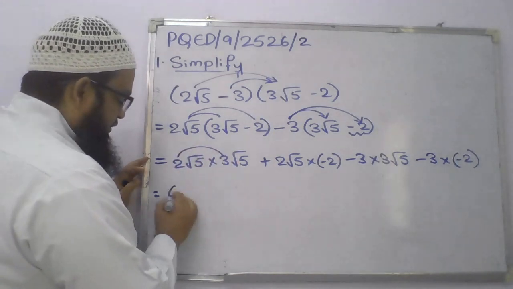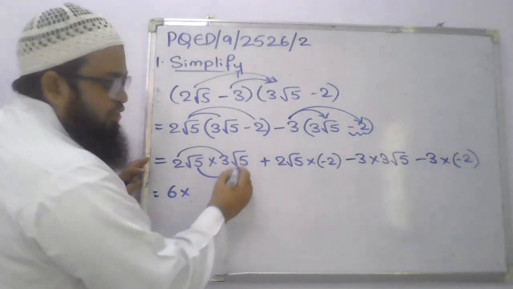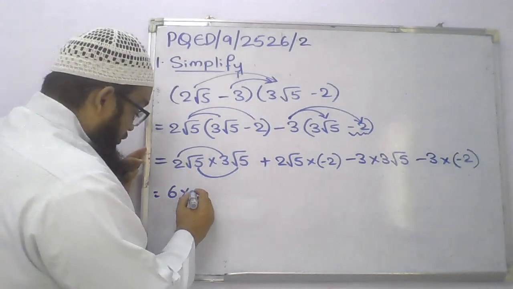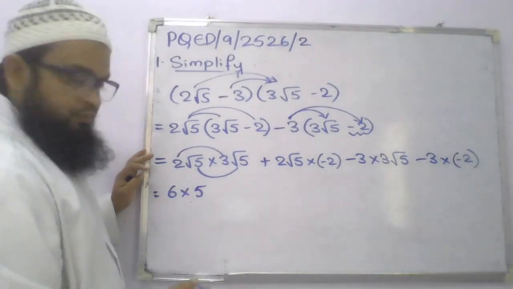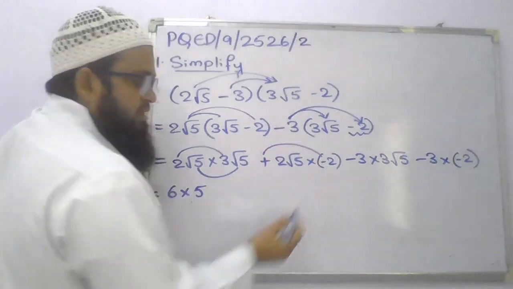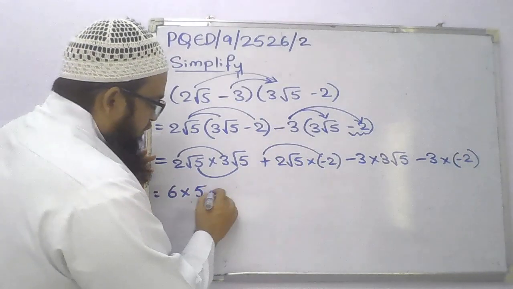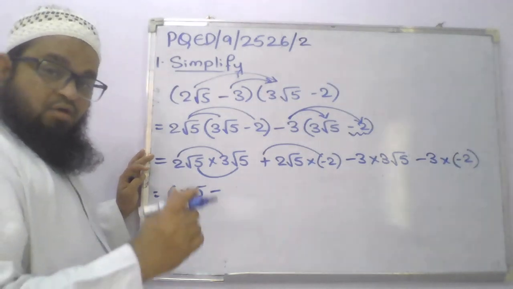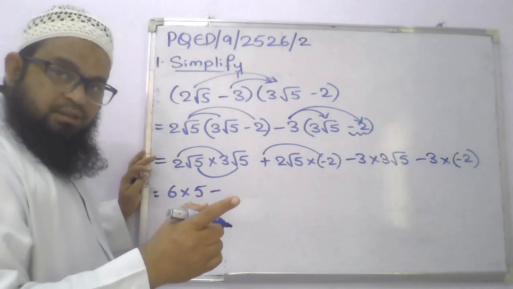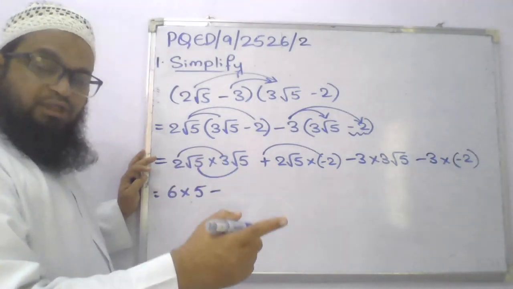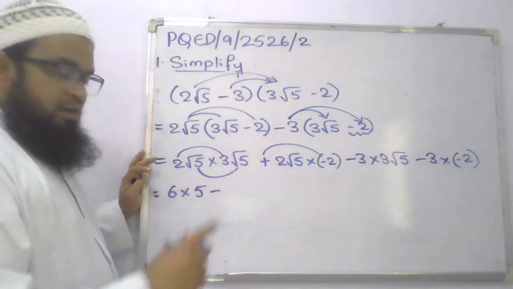Now 2 root 5 into 3 root 5. 2 threes are 6 multiplied by root 5 into root 5. Since it is the second time we are doing it, root 5 into root 5 is 5. Okay, plus. Now plus into minus, it is minus. Whenever you are calculating or simplifying, first multiply the signs. Next go with constants, next go with roots, and next go with variables.